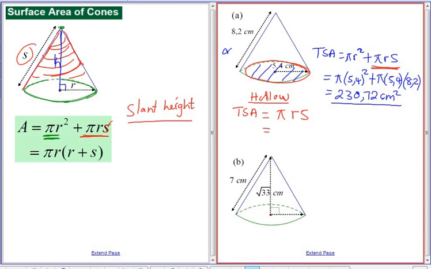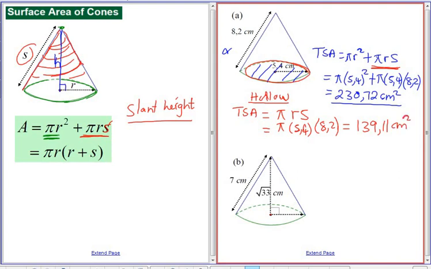So you just say pi rs. In this situation, it's just a matter of saying pi, and it's 5.4 here, and then you put your slant height, which was given to you as 8.2. So it's a very simple task to adjust your formula so it can suit your needs. 139.11 will be our solution for this.